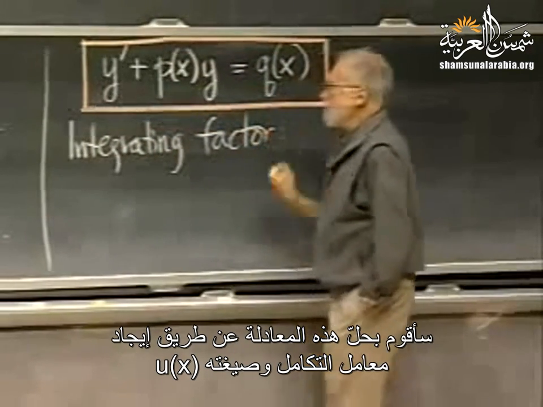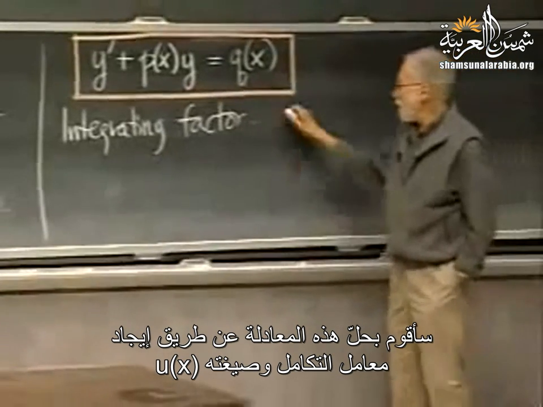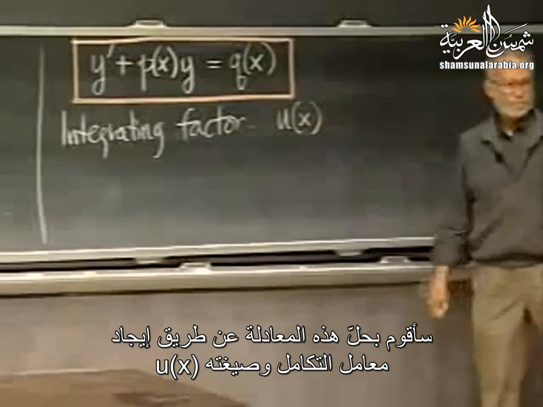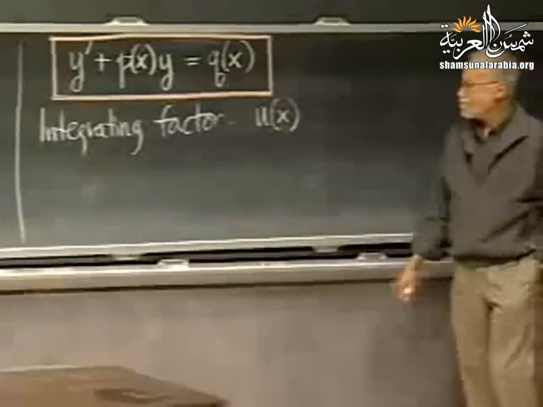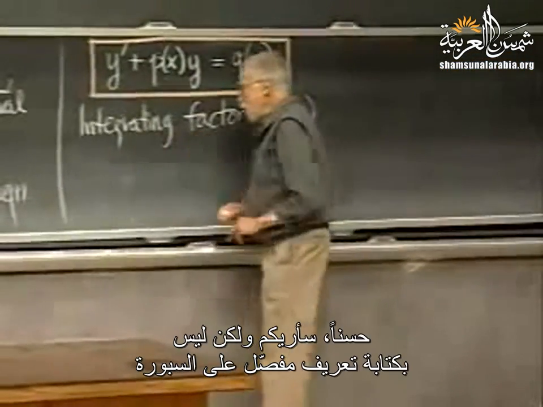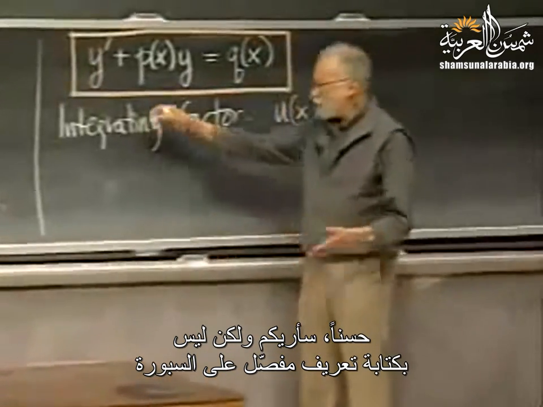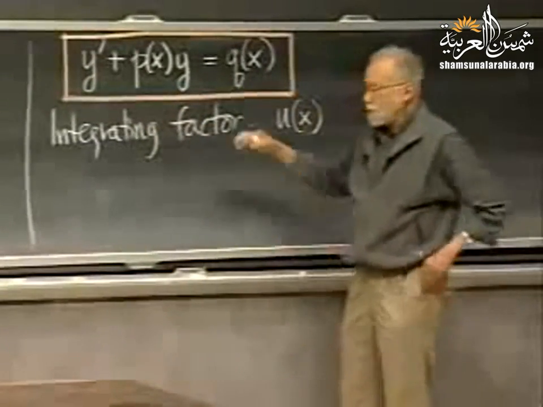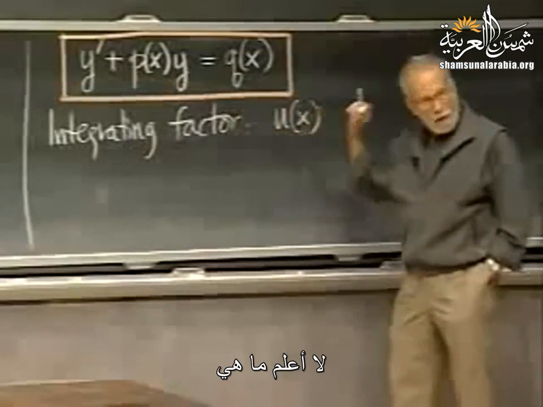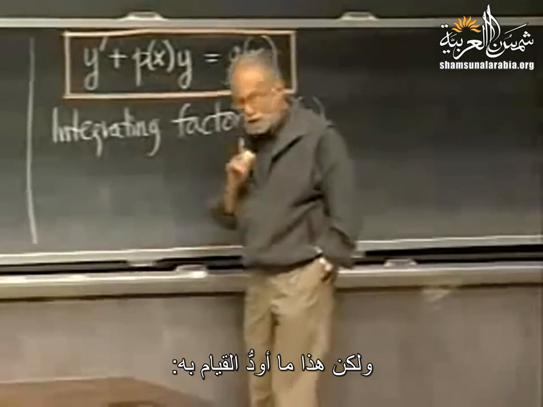I'm going to solve this equation by finding an integrating factor of the form u of x. What's an integrating factor? Well, I'll show you, not by writing an elaborate definition on the board, but by showing you what its function is. It's a certain function u of x. I don't know what it is, but here's what I want it to do.